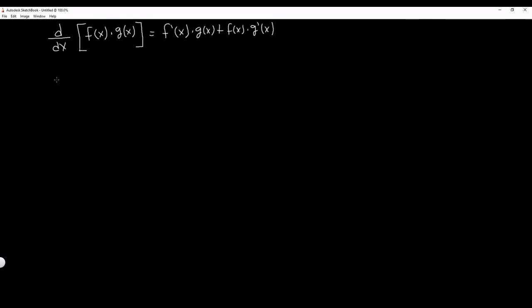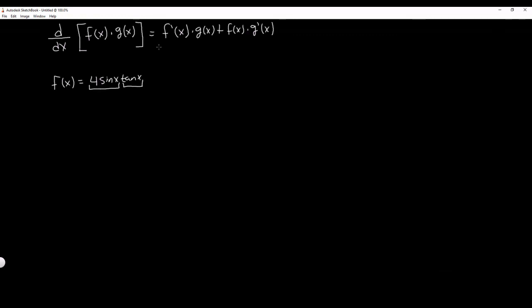So for our third problem, we're going to have f of x is equal to 4 sine of x times tangent x. So 4 sine of x tangent x. And this is going to be our first function, f of x, and this is going to be our second function, g of x.